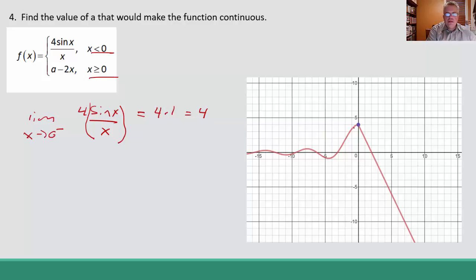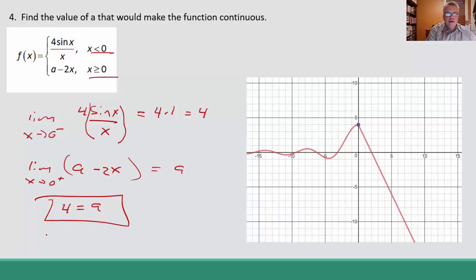From the right, the limit as x approaches 0 from the right of a minus 2x. As x goes to 0, that's just equal to a. In order for the limit from the left and the right to be equal, we need 4 to equal a. There's nothing to solve here.